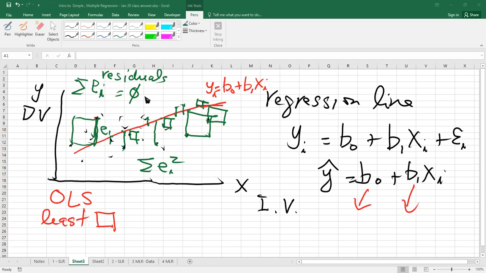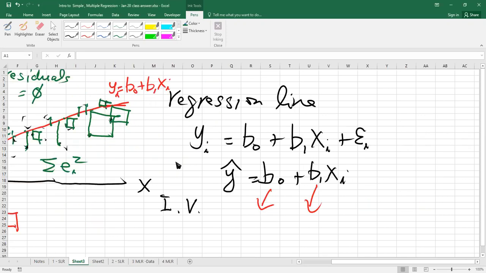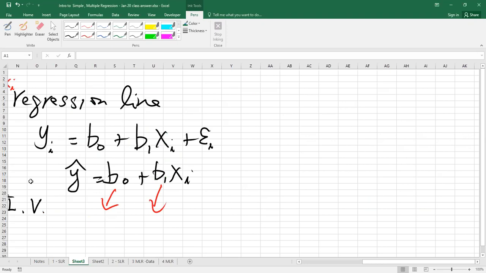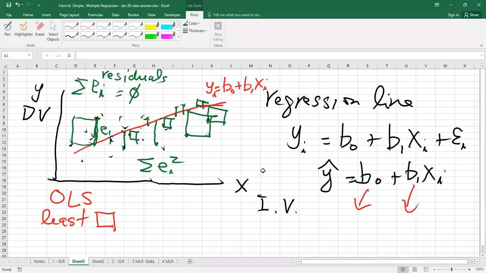Tapos pag sinum up natin yan, dapat, ano yung nature niya? Dapat, ano siya, guys? This should be minimum.